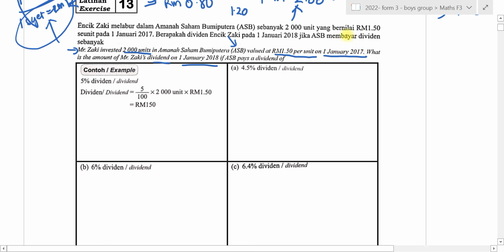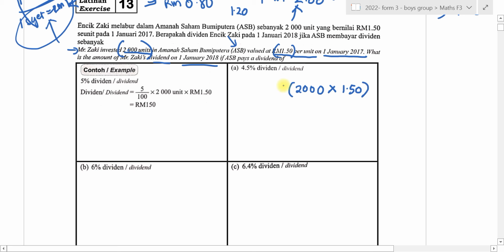Okay. So let's do this. So first of all, take note that he bought for 1 ringgit 50 cent per share. So the total shares he has is 2,000 units. So the 2,000 you multiply by 1 ringgit 50 sen. Remember that. So the total investment you do is 2,000 multiplied by 1 ringgit 50 sen.